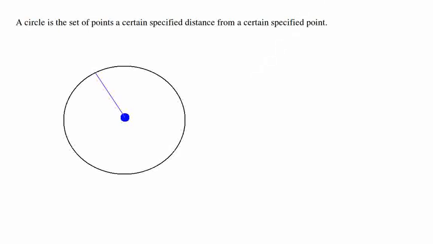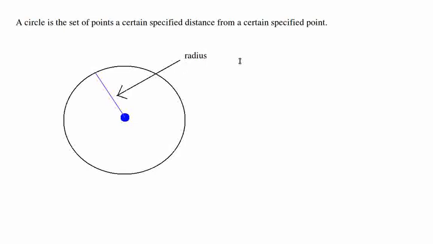Now, the line segment that I drew, okay, line segments that go from a point on the circle to the center of the circle, those line segments are referred to as radii, or the singular is radius.